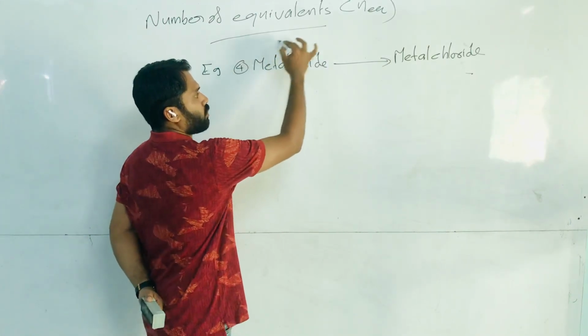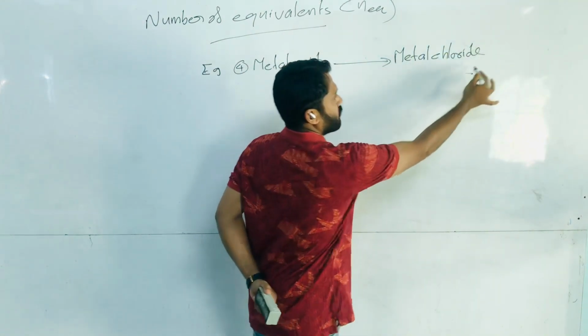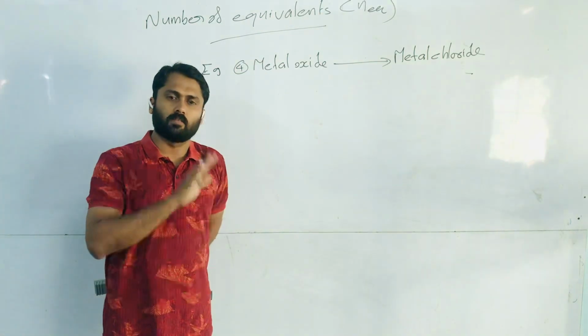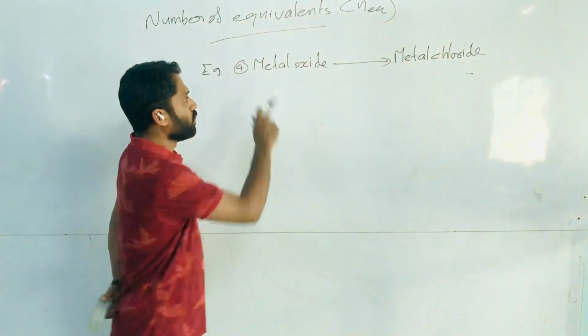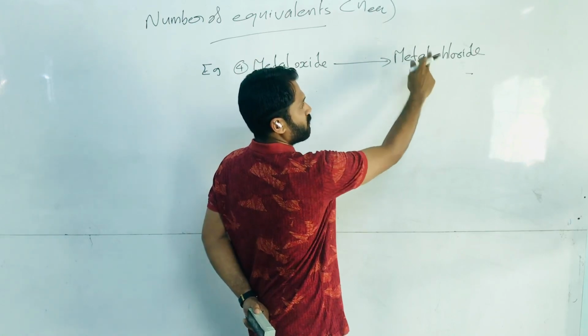Then the number of equivalents of metal oxide should be equal to the number of equivalents of metal chloride. I said the number of equivalents of reactant and product, everyone taking part in the reaction, will be the same.